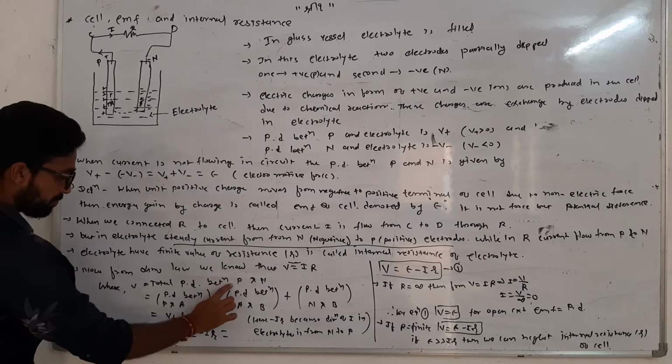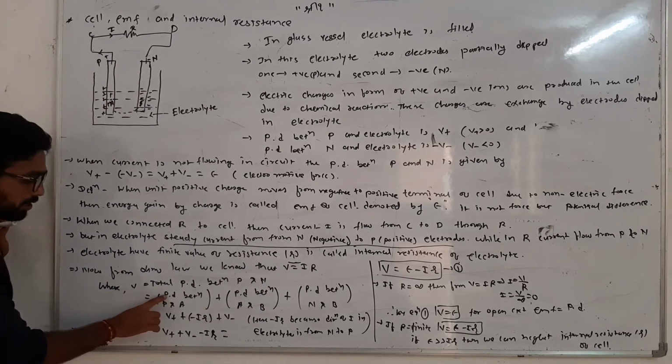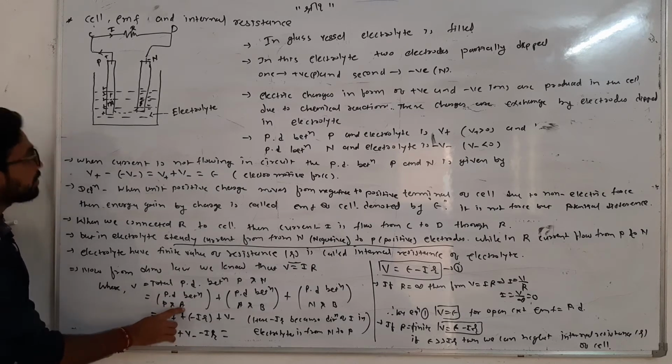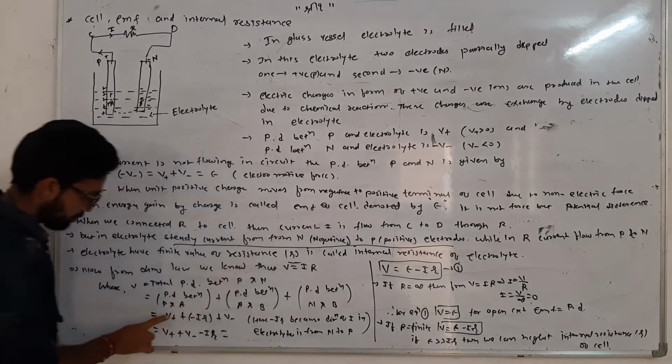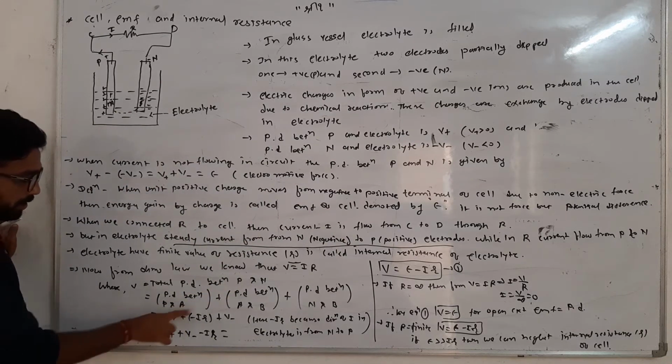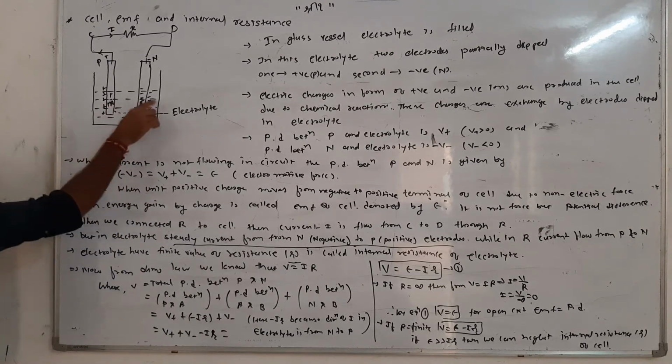Total potential difference between P and N is given by the potential difference between P and A, that is our V plus, plus the potential difference between points A and B, that means inside the electrolyte.